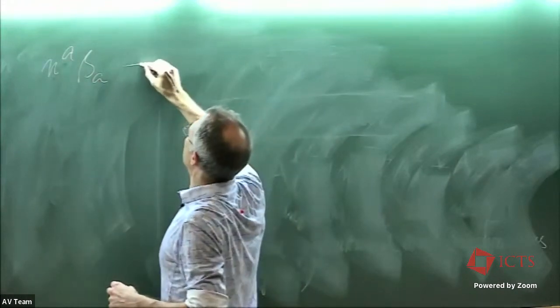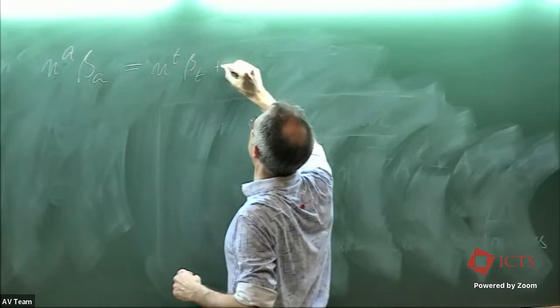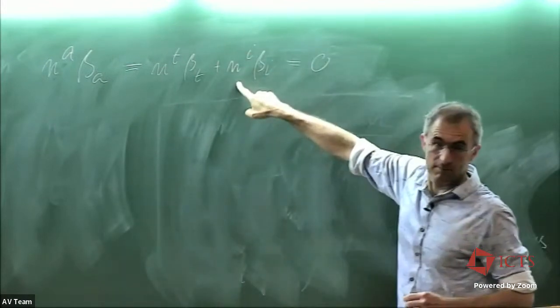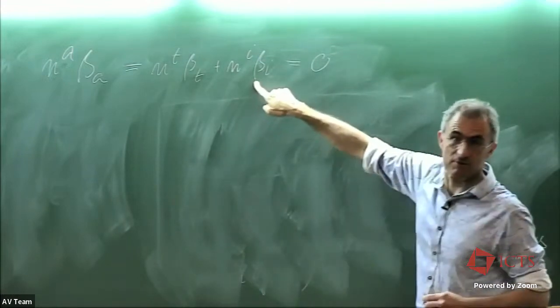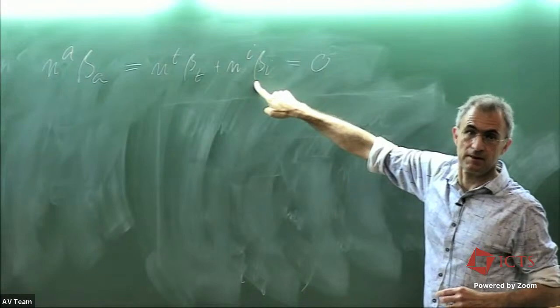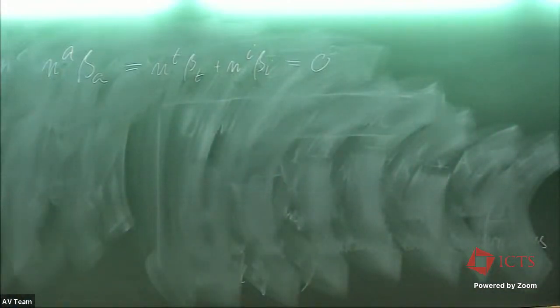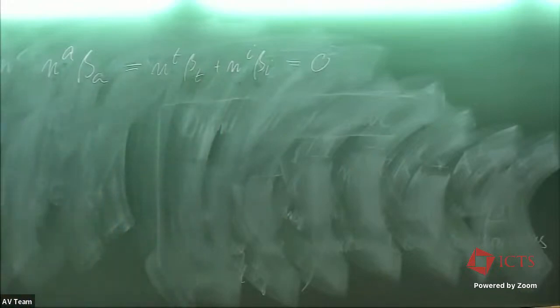So this would be an n^t beta_t plus an n^i beta_i, okay? And it's only the sum that can be zero. So even if this is non-zero, it can be canceled by these terms. So we don't have the same constraint here that the sum is restricted only to the time parts, and therefore we cannot use the same argument to make a statement about the beta lower t. Does that make sense? Okay, good.